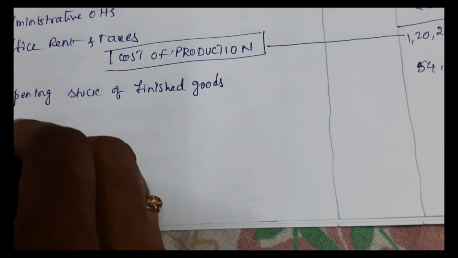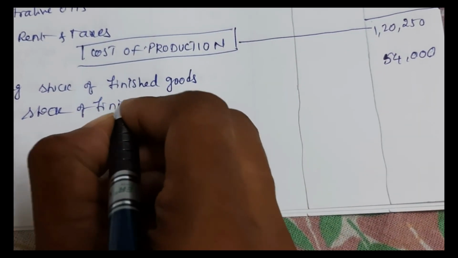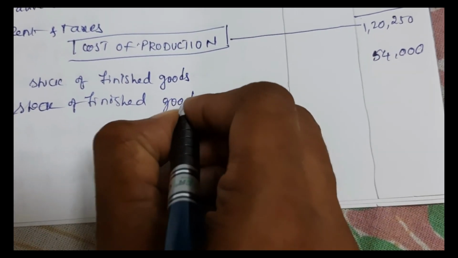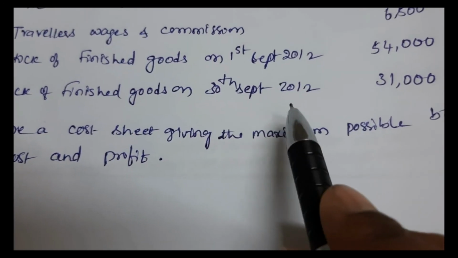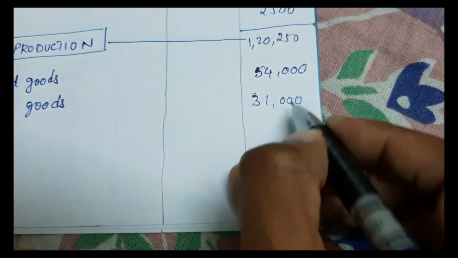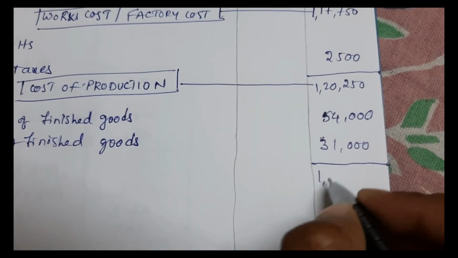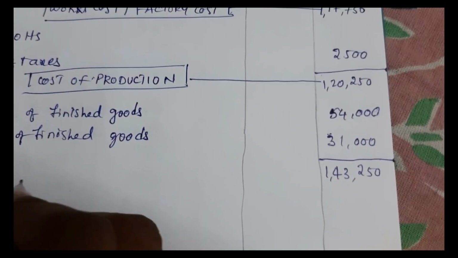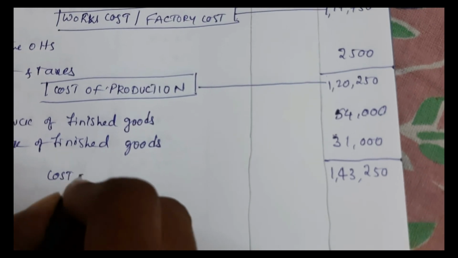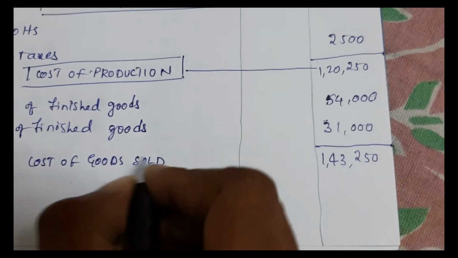Then we need to deduct closing stock of finished goods, that is stock of finished goods on 30th September 2012, 31,000. Deduct this 31,000. We'll get 1,43,250, which is known as cost of goods sold.